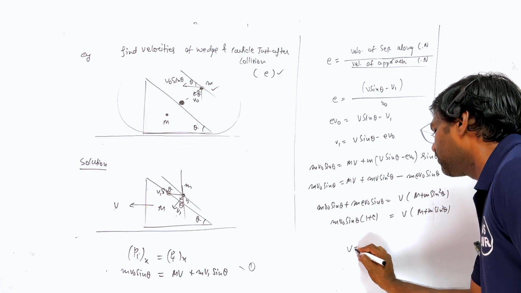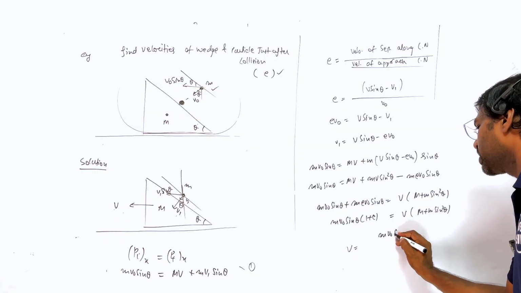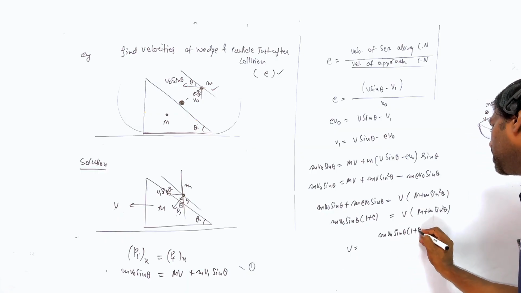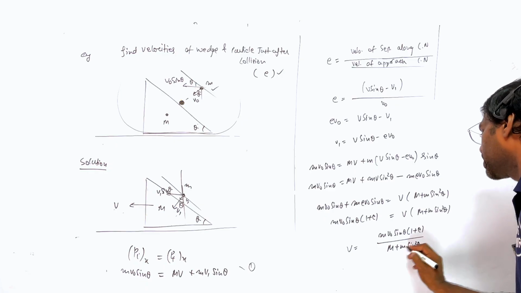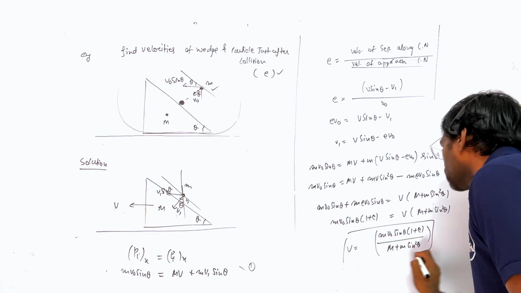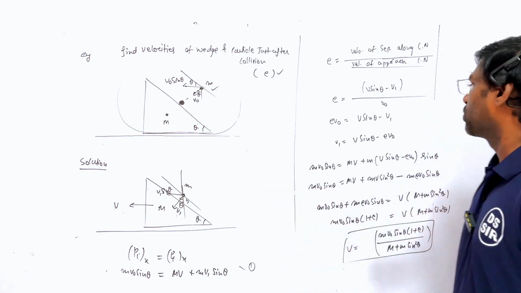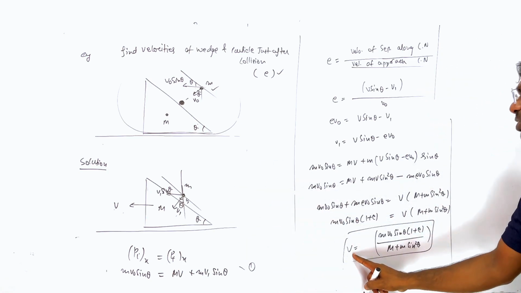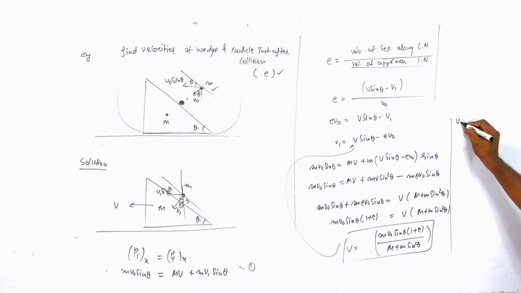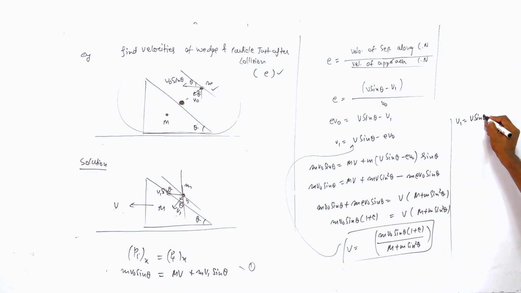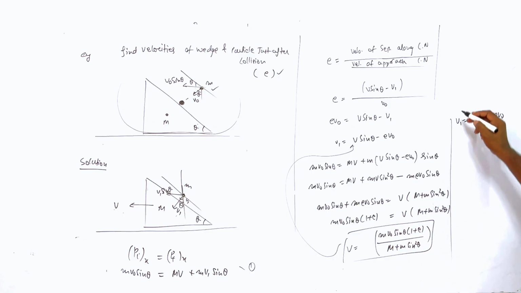So capital V, the speed of the wedge, is equal to m v naught sine theta into 1 plus e upon capital M plus small m sine square theta. So this is the velocity of the wedge after collision. If you want to find the velocity of the particle, you just put it over here. So v1 is equal to V sine theta minus e v naught. If you put the value, you will get v1 also.